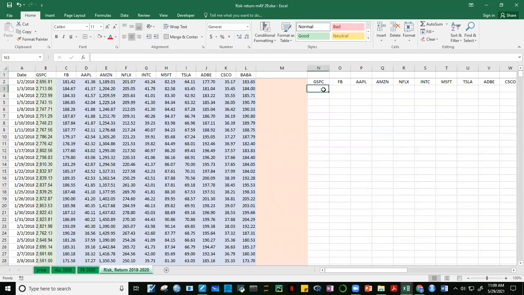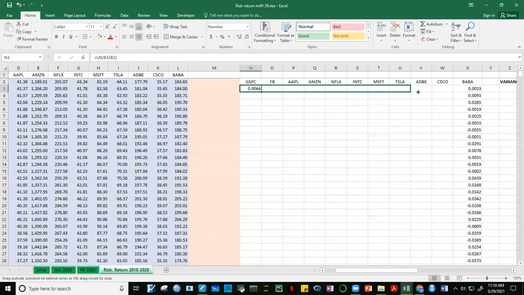So let's start first with, okay, let's compute for the log returns nila. So is equal to ln. How do you compute for the returns? Ln of day 1 divided by day 0, no? Yung ginawa natin kanina. Okay. So copy this to the right.